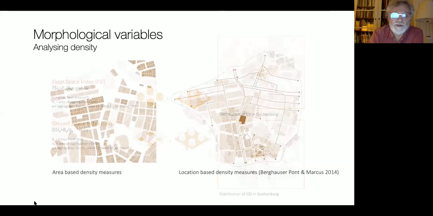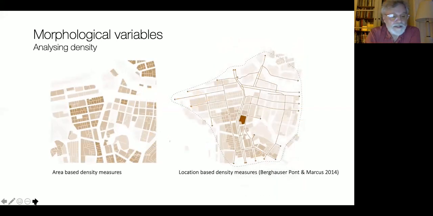But we have also worked together on trying to understand if we could measure density as accessibility. And that's a fundamental shift from area-based density measures, which is what you normally find. You try to, in different ways, describe and measure added floor space to ground space, and then you get a density. But that is what you could call an area-based density measure.